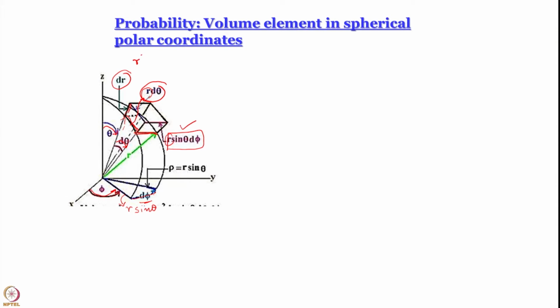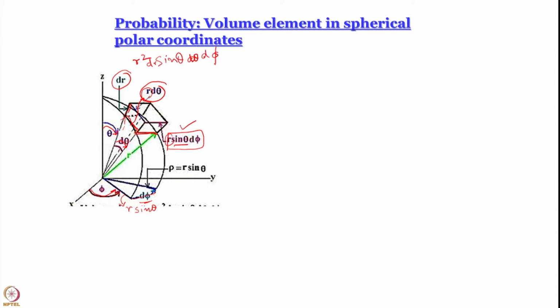We get r square, then let us write everything in theta. We get a sin theta from here, so sin theta, might as well write d theta, and anything else in phi? No. I should write dr maybe: r square dr sin theta d theta d phi. This is the volume of the volume element, and this is what is going to lead to our answer.